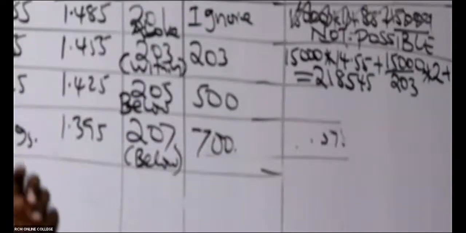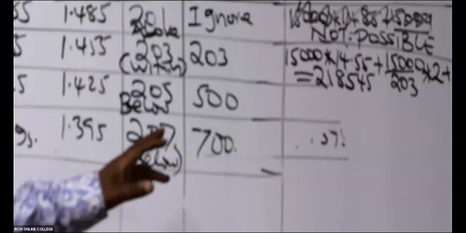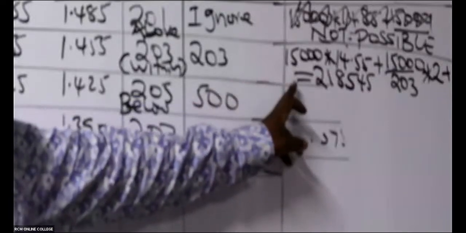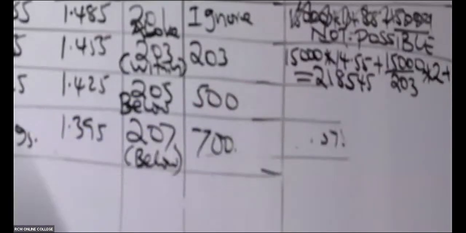I'll be able to correct the board. Don't worry about the board. Let's go to the second one. I just want you to see this section alone. Let's go to the second one and then give me the figures.